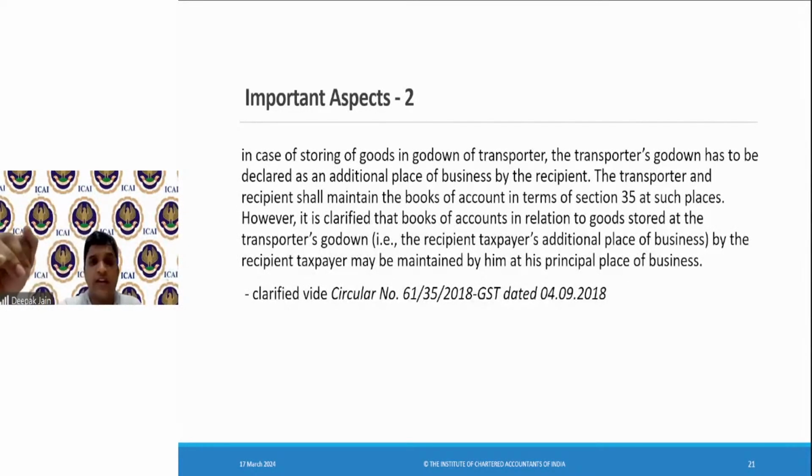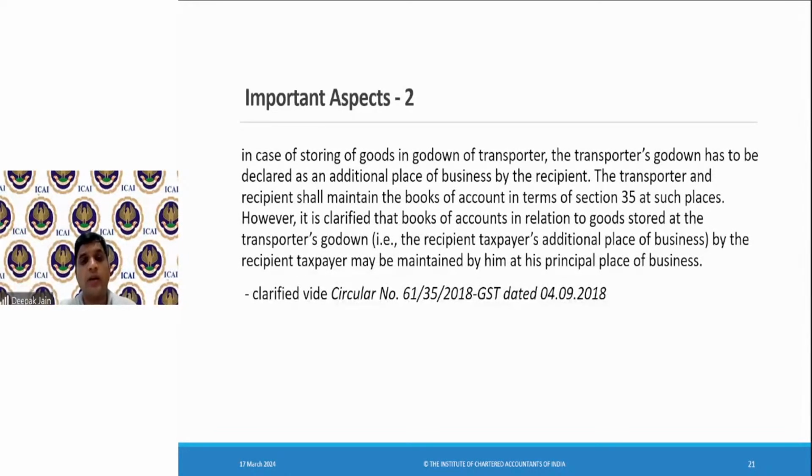However, this clarification says that the books of accounts in relation to goods stored at such transporter's godown, that is the recipient taxpayer's additional place of business, may be maintained by the recipient taxpayer at his principal place of business.